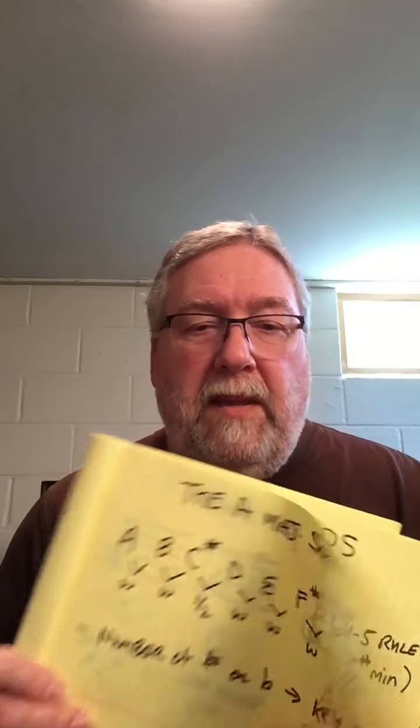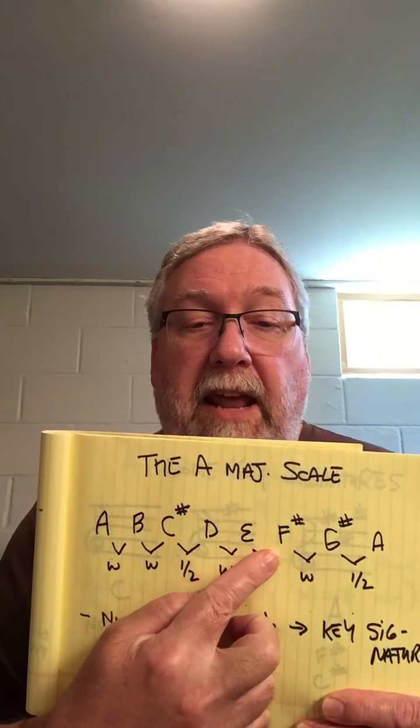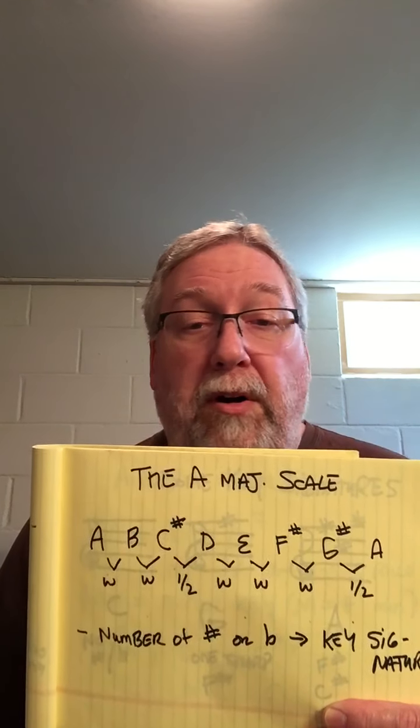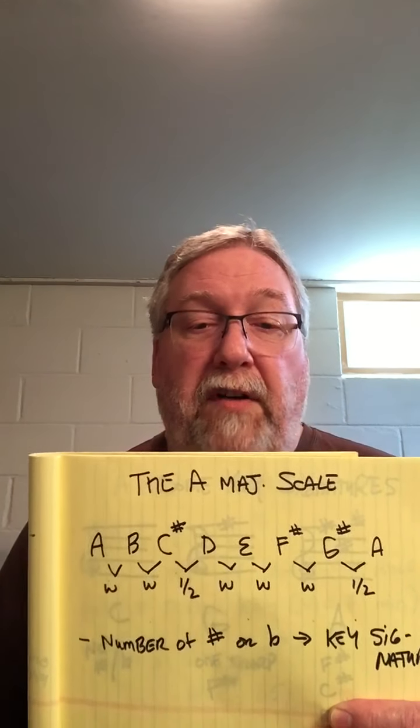Now, this might not make sense when you think about it because I've been talking about A, B, C, D, E, F, G. But the fact is if you remember, I mentioned that the distance between B and C and E and F on the piano keyboard or on your guitar fretboard or your mandolin fretboard or your cello fretboard for that matter, even though it doesn't have frets, is only a half step.